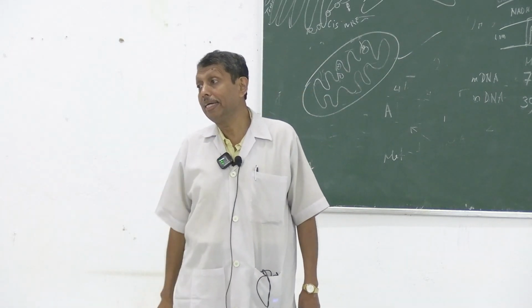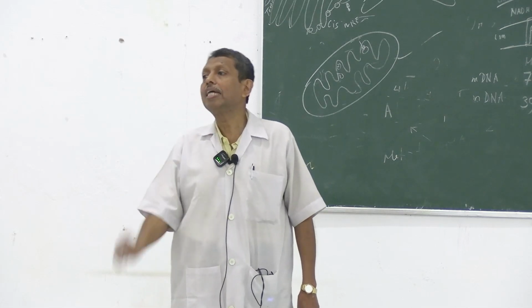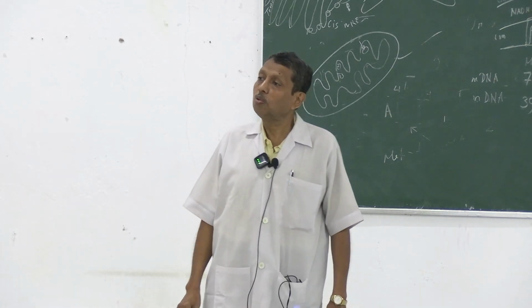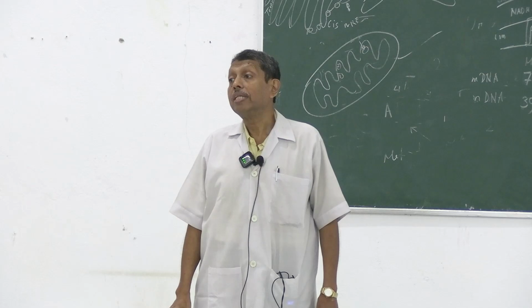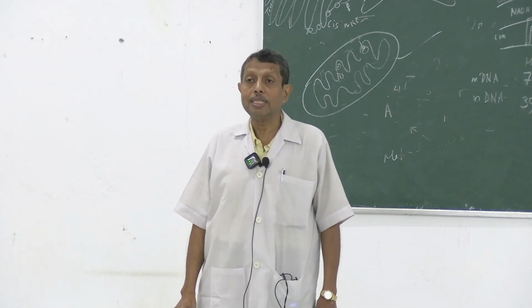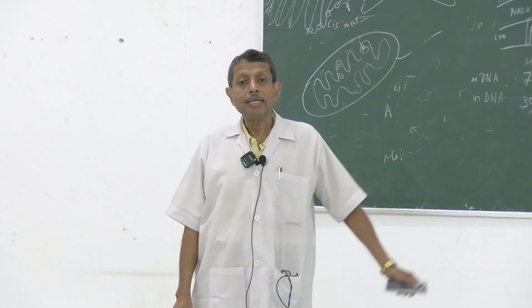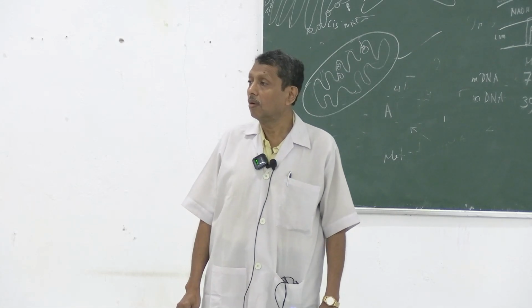The DNA repair system is poor in the case of mitochondria. So mutations are much more than in the DNA produced by nuclear genes. Some mutations are there, and they are of maternal origin.